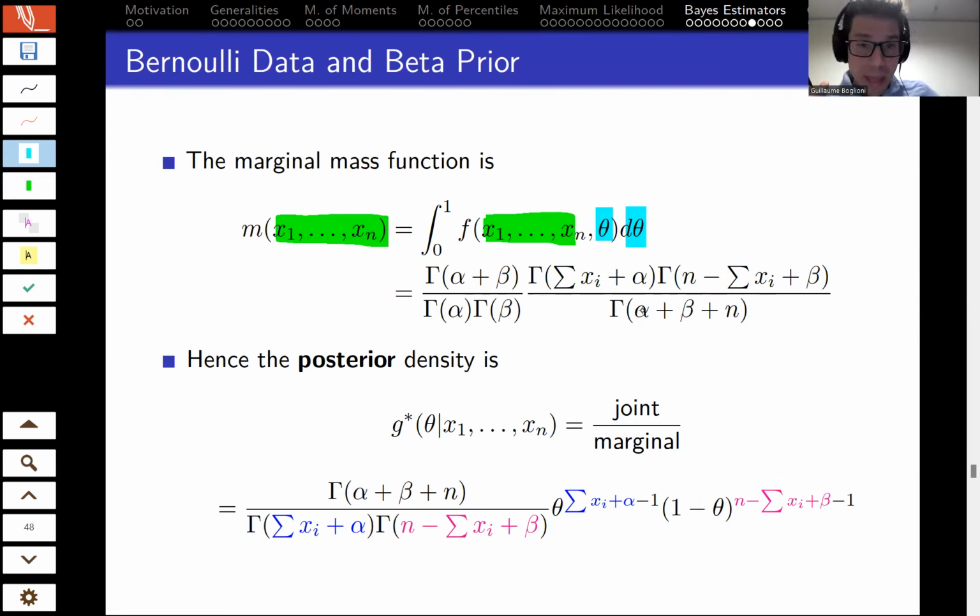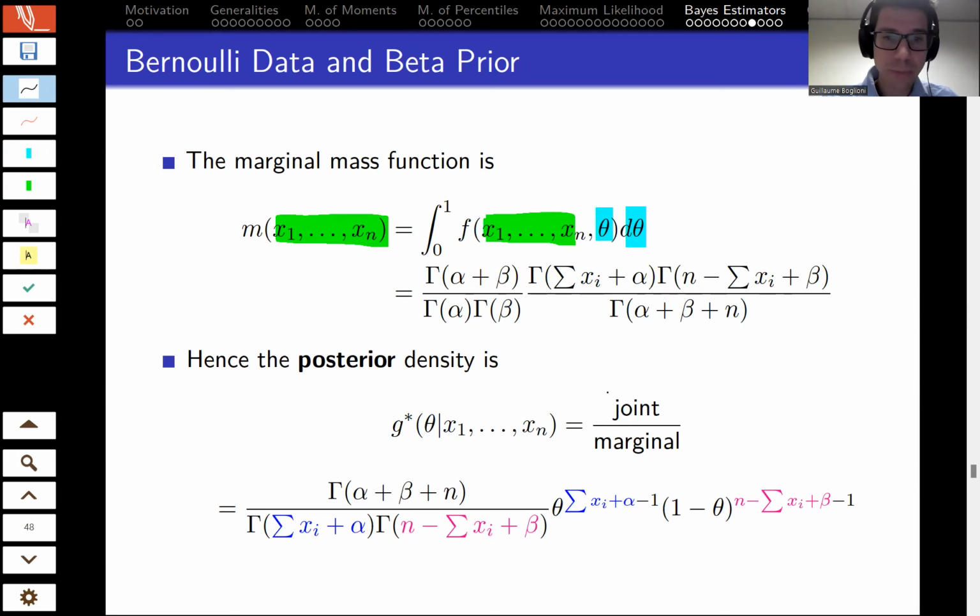Now, that's the marginal density. And you see, of course, it's the marginal density of the x's, so unsurprisingly, there's no theta here. But this we could have known from the beginning because we're integrating out theta. And then we get the posterior.